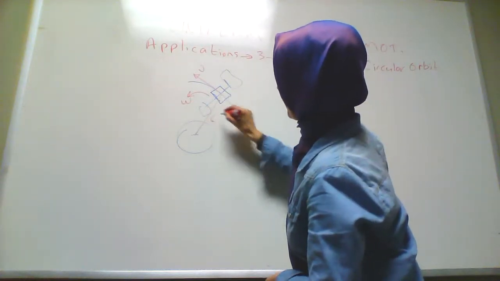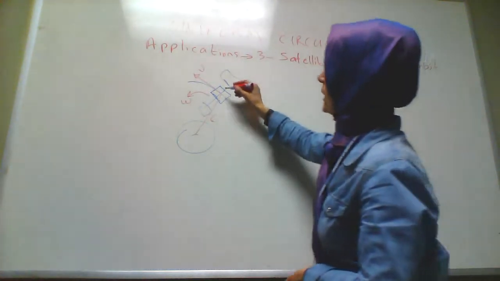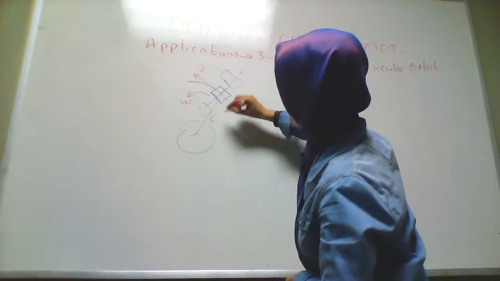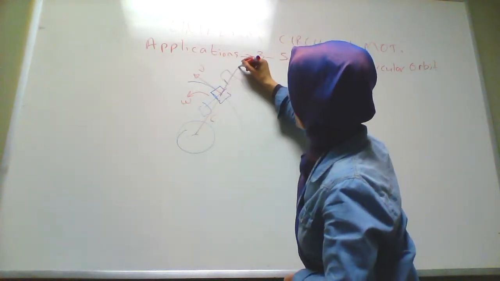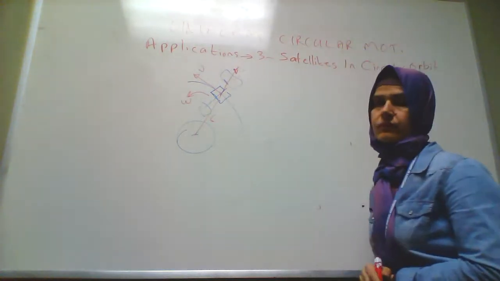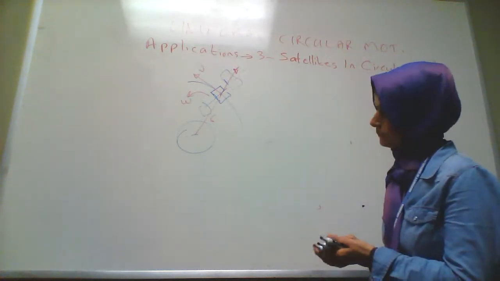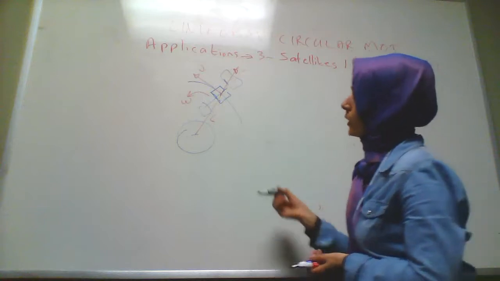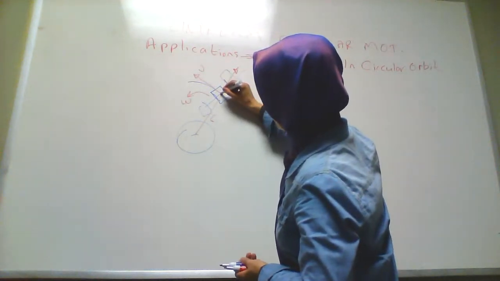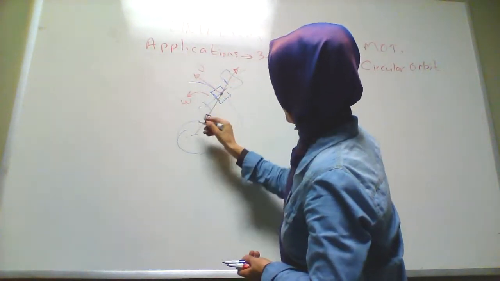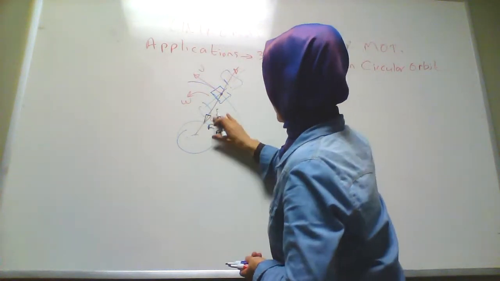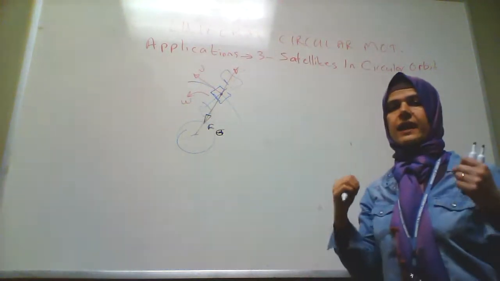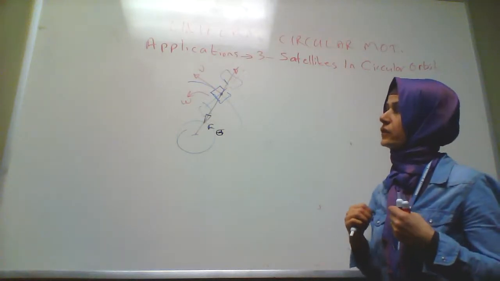And we can calculate the centripetal force applied on the object using the distance between the object and the Earth. We also learned before, when we were learning about the forces of nature, that there's always a gravitational force applied between any masses in the universe.